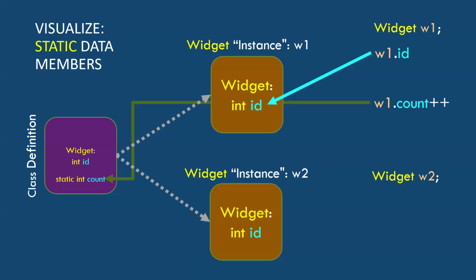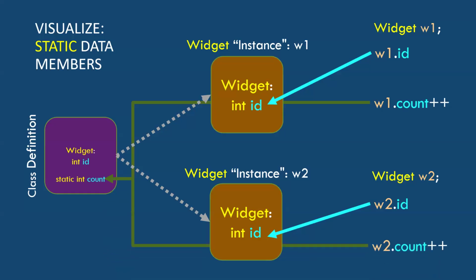How does it know? Well, the definition of count is that it's static. So by definition, it will not be in any of the instances, even though we're allowed to access it through the instance name. So that is admittedly a confusing feature and can certainly dupe us into thinking that it lives in the instance, but it does not. It's over there in the factory.